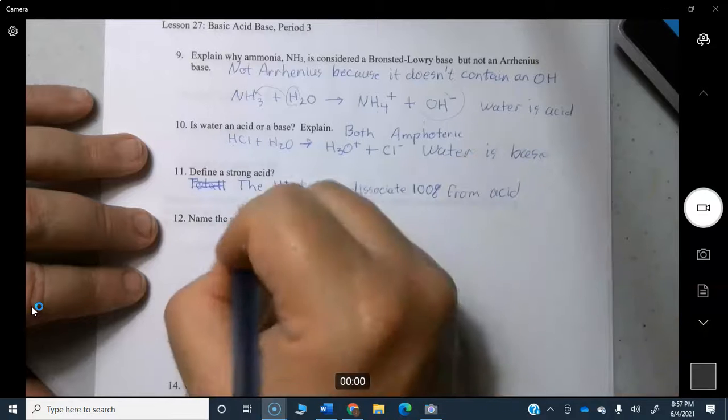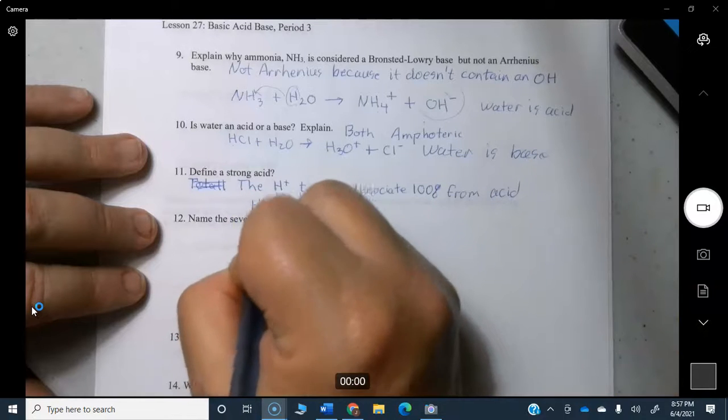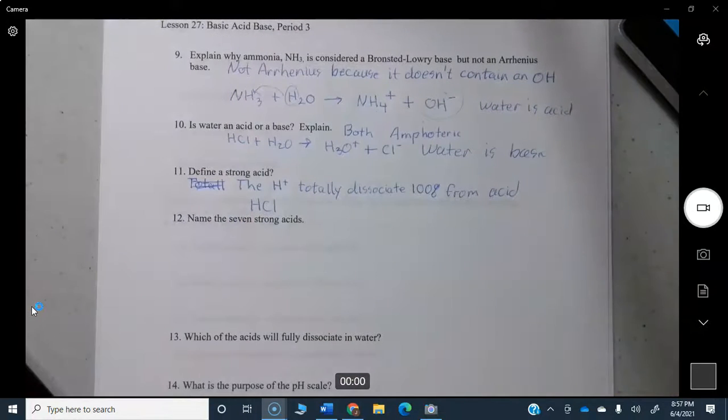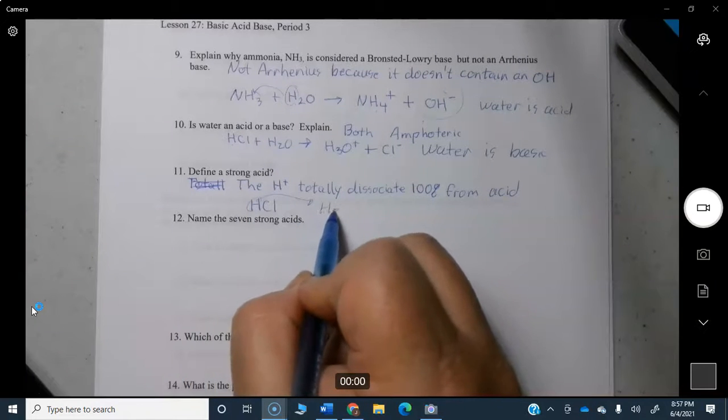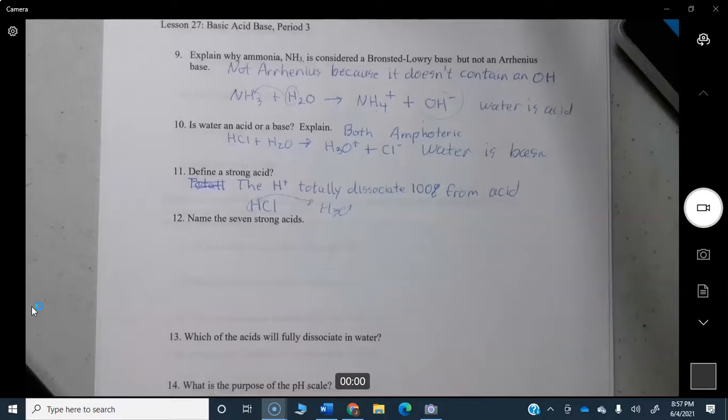So every time you put an HCl, just use that as the example of a strong acid. Every time you put an HCl in water, that hydrogen is going to break off and jump over to the water molecule to make it an H3O plus. So they totally dissociate.